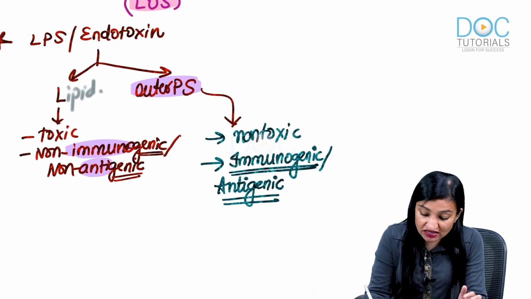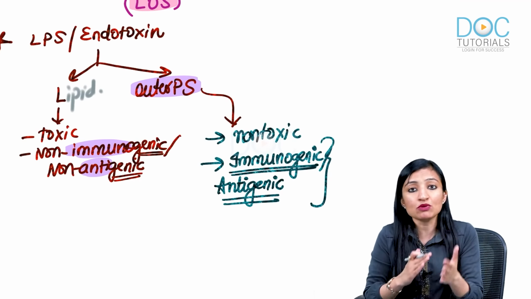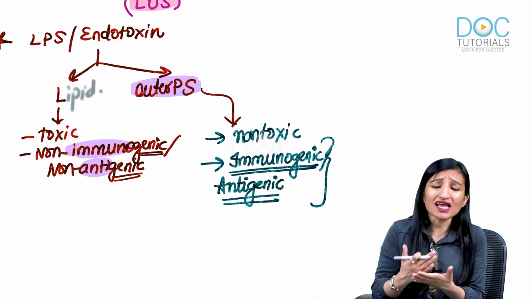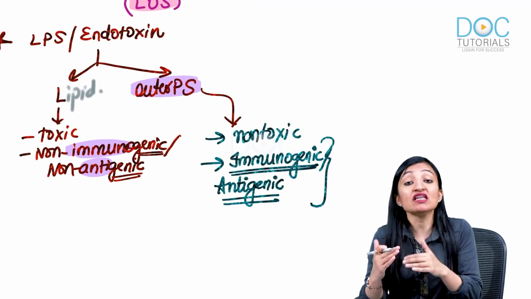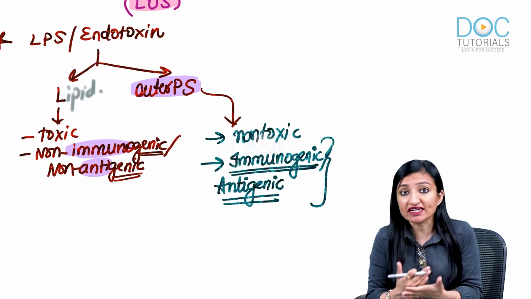But because the outer polysaccharide is antigenic or immunogenic, the immune system is going to produce antibodies against the outer polysaccharide. Analysis of these antibodies in the serum of the patient will help us find out what exact serotype has infected the patient.